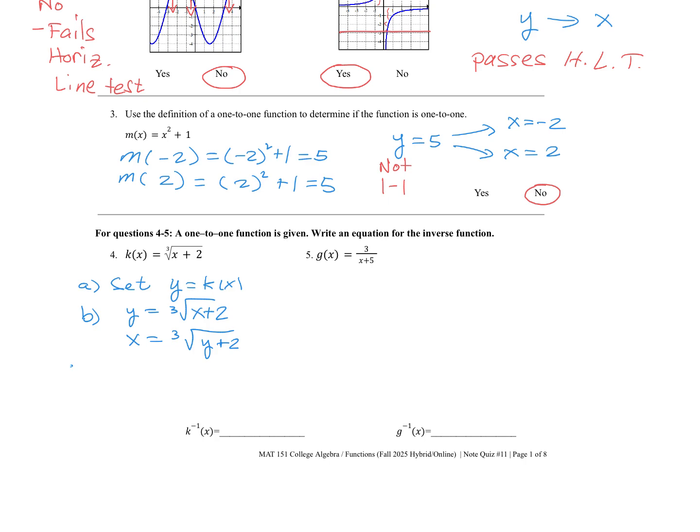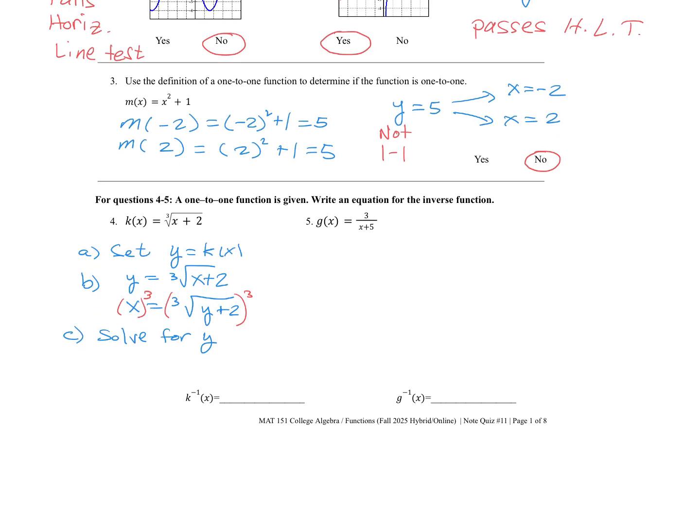The next step is to solve for y. And we have to do a little bit of algebra to do this. And so in this case, we will cube both sides. And that cubing is going to give us an x cubed on the left, and it's going to give us y plus 2 on the right because of the cancellation. And then we could subtract 2 from both sides.